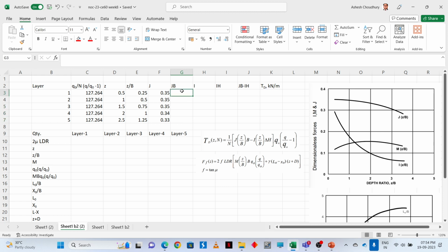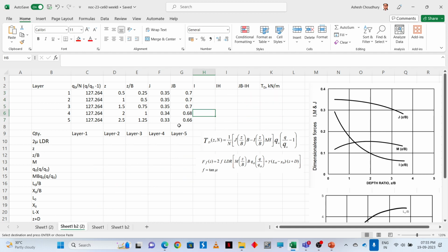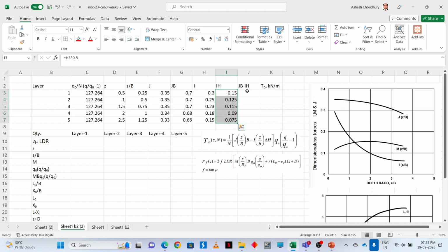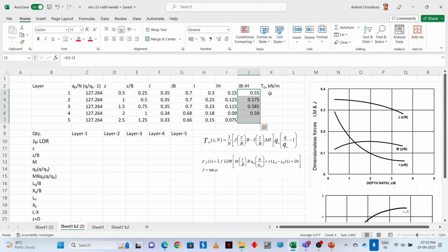Okay. J into B, J times now 2. Similarly, I approximate I values you can get. I will just copy the I values from here. I just got that before. Let's check all these values as approximate values I have got. I into H, I into 0.5, JB minus IH, JB minus IH, done.